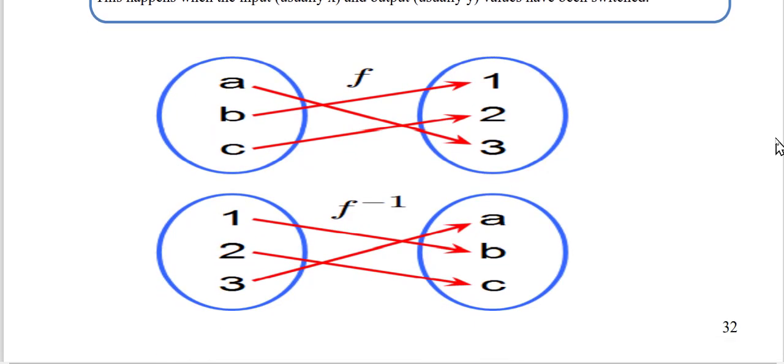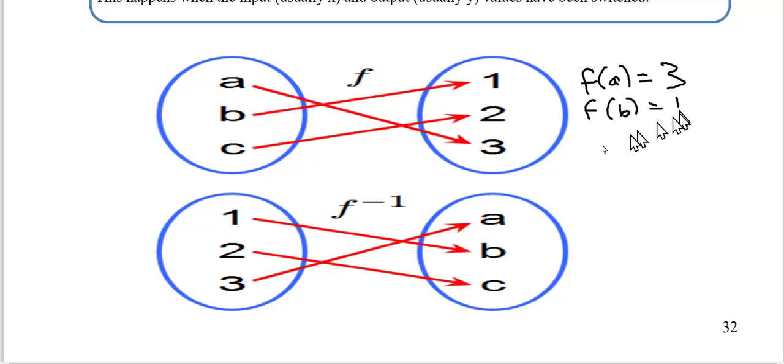Let me give you another graphic to help you see what's going on here. Suppose f takes a to 3. That means f of a is equal to 3. And it takes b to 1. And it takes c to 2. Then the inverse function will take 3 to a.